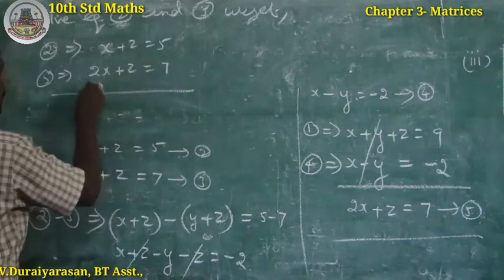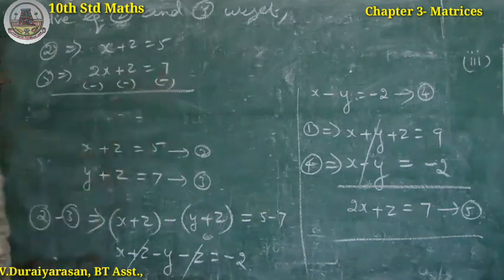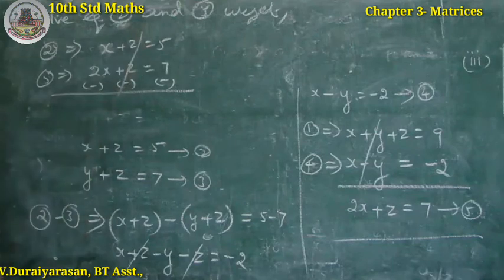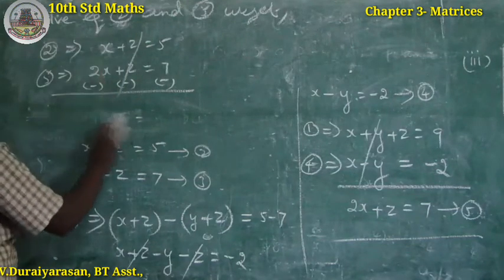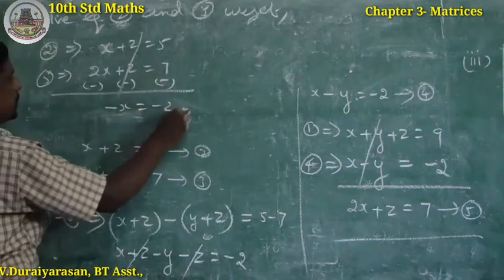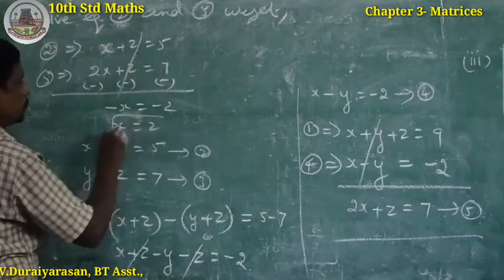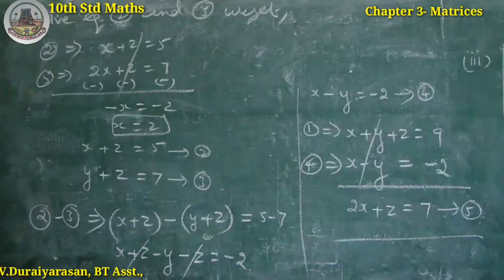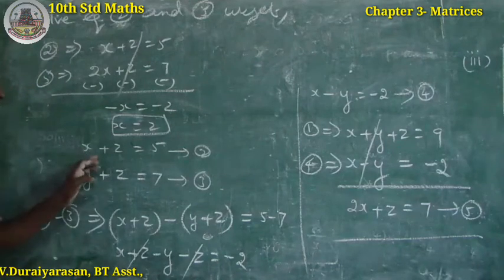Subtract these two. Plus z minus z get cancelled. 2x minus x, minus x is equal to 5 minus 7, minus 2. So x is equal to 2.